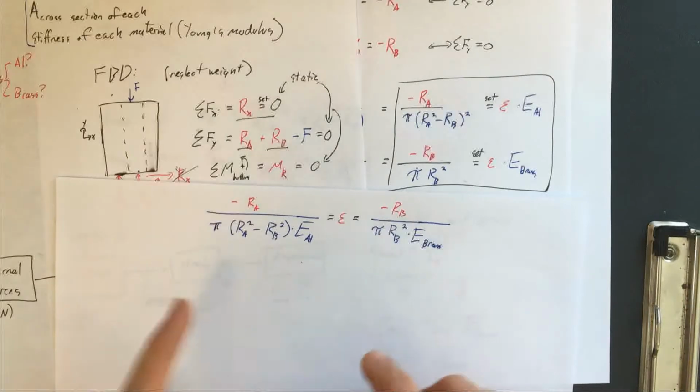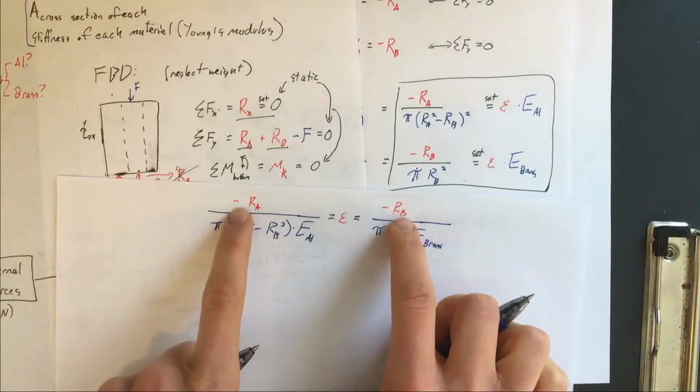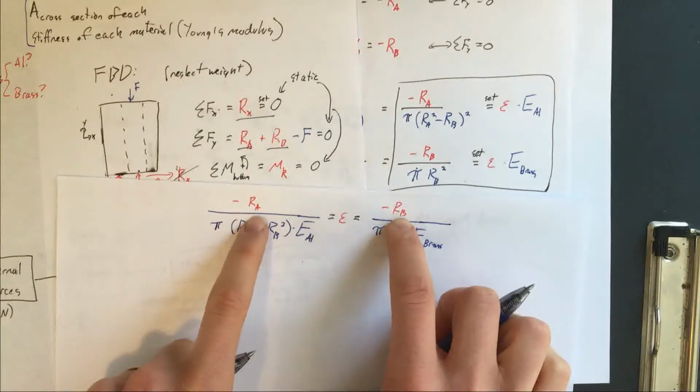Great. So we can solve this for either RA or RB.